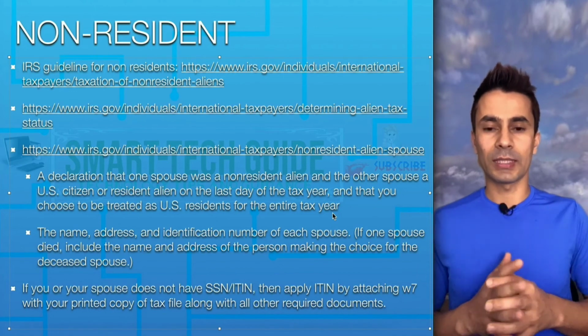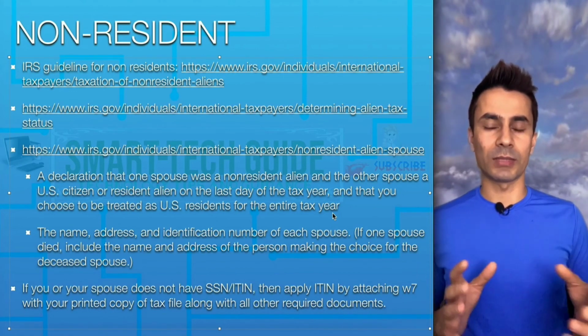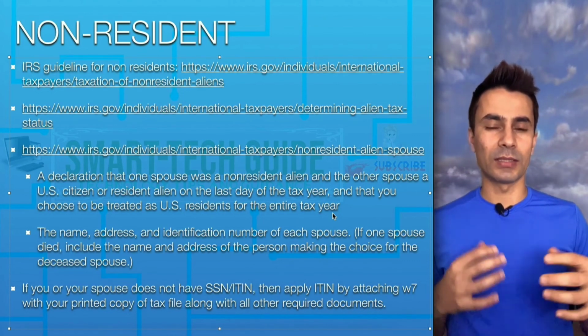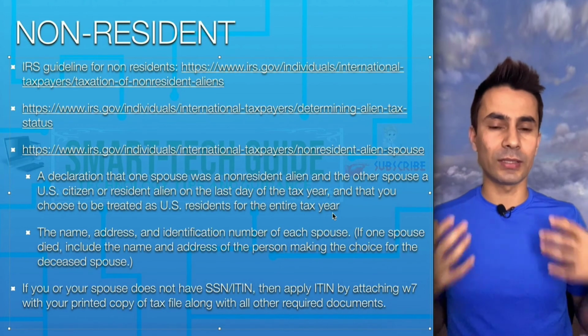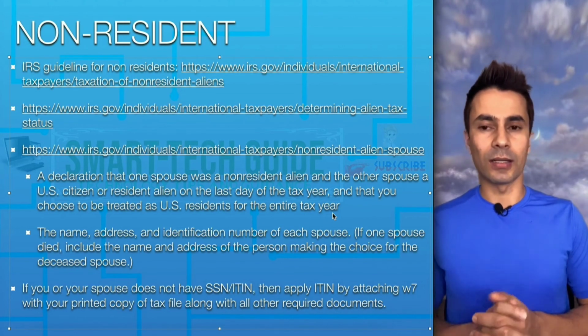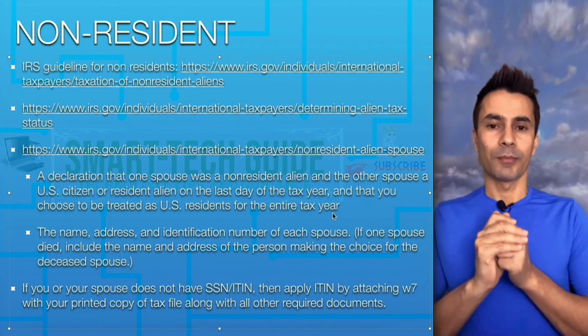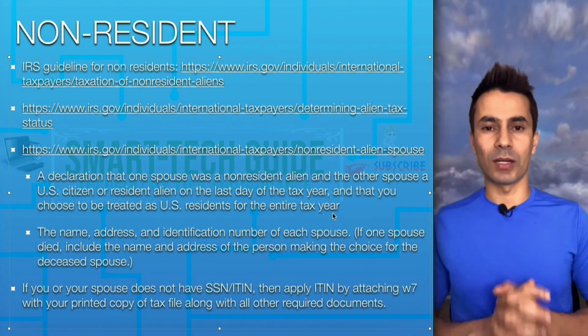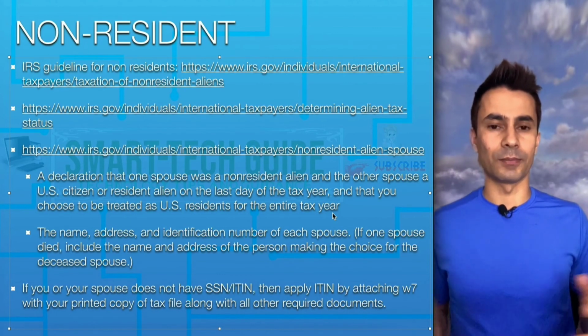Every document has a form number, schedule number, or something like that. If you have various kinds of incomes, then you'll have different schedules, and you may need to fill multiple schedules. But if you don't have a lot of incomes, then you may have just a few schedules and 1040.